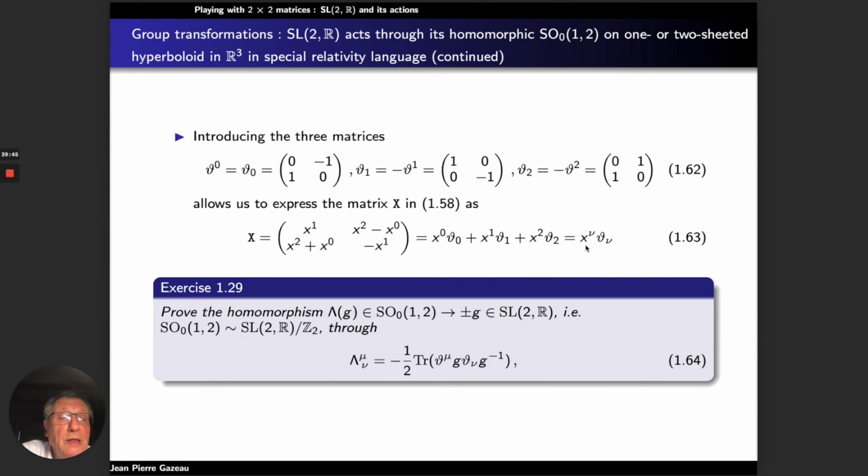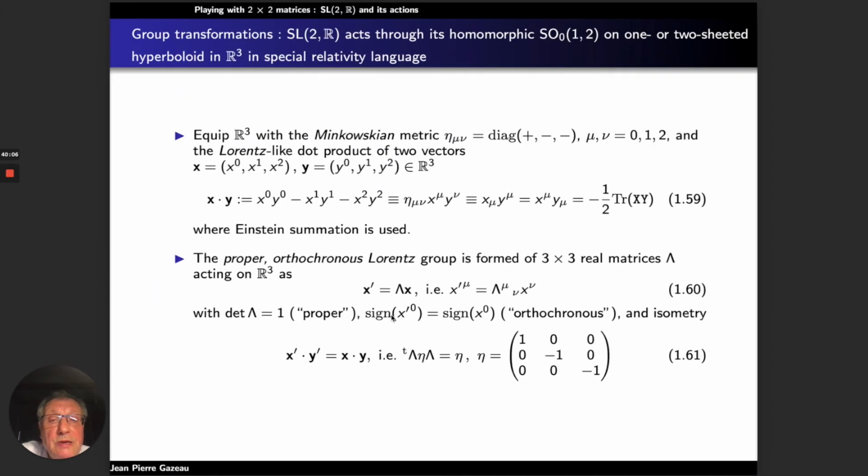So you can write this as x nu theta nu. And in this way we can prove the homomorphism between SL2R and SO(1,2), where SO(1,2) is precisely the Lorentz group we defined before.